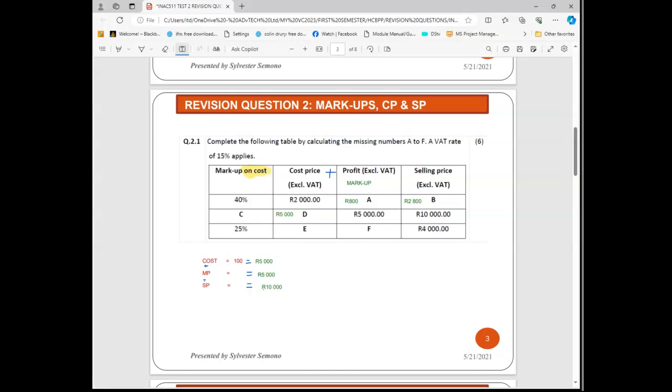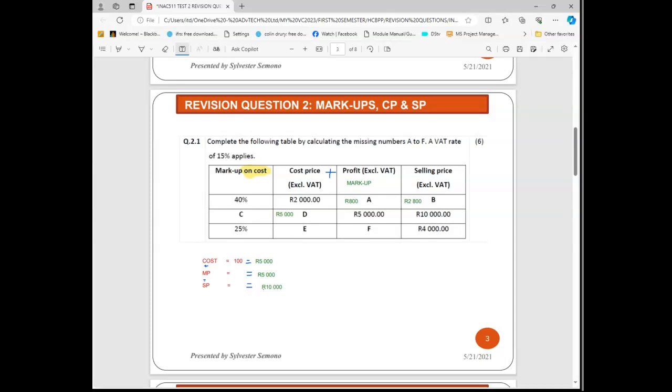You just have to check here. Can you check the column name? What do you see here? The name of this column, what did they call it here? Read it, I know it's obvious. I want you to say it so that I can explain. Markup on cost. Yes. This means markup is the same as the profit.